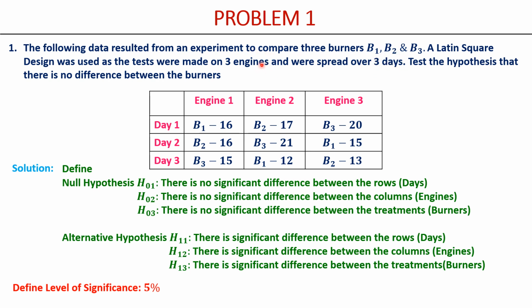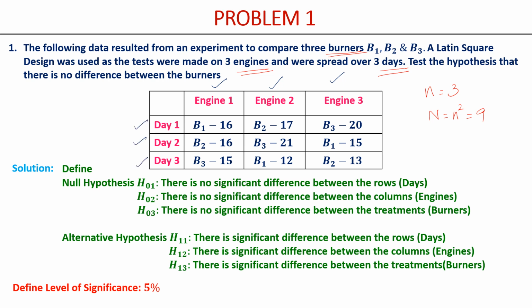So you see everywhere you have the number 3. So your small n value is equal to 3. So your capital N in this case, which will be n square, is equal to 9. You're talking about three burners, three engines, and 3 days. And the table given to you here has engines along the columns, engine 1, engine 2, engine 3, and days along the rows.